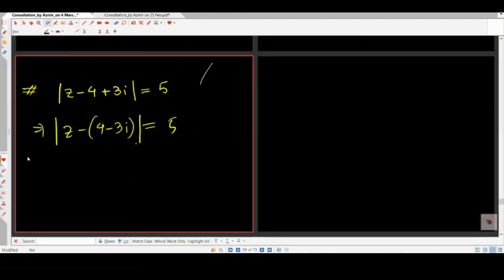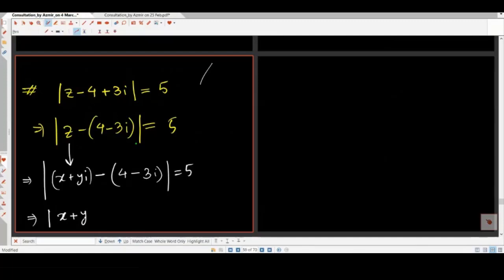So for now, we input x plus yi where we have z. This is always true for all cases: wherever you have z, you can input the standard form. So x plus yi minus 4 plus 3i equals 5. Now we can write it in simplified form: x plus yi minus 4 plus 3i equals 5.